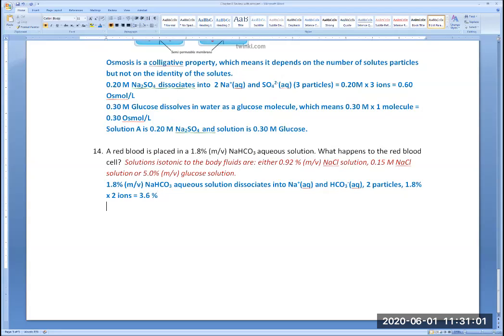And if we look at the 0.92% M/V NaCl, it dissociates into Na plus and Cl minus, right?